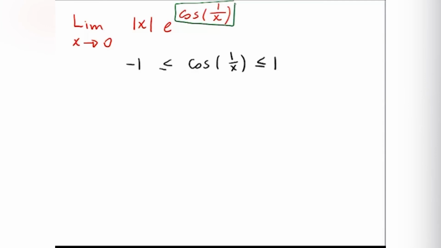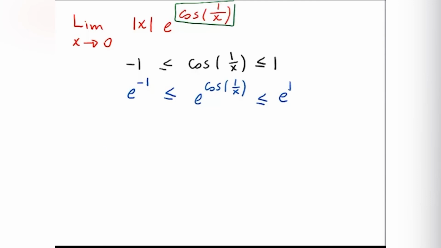Then I'm going to apply the exponential function to each side. I know the exponential function e to the power x is increasing, and therefore I will not interchange the inequality. So it will be e to the power -1 less than or equal to e to the power cosine 1 over x less than or equal to e to the power 1.